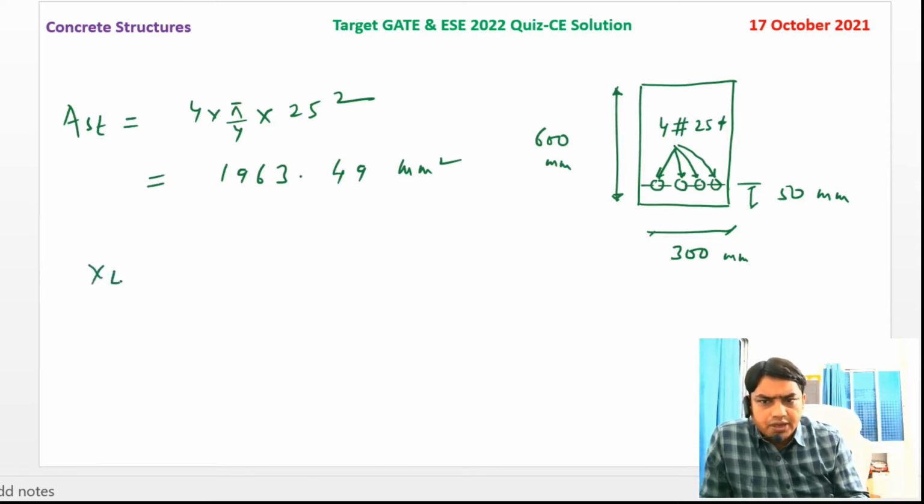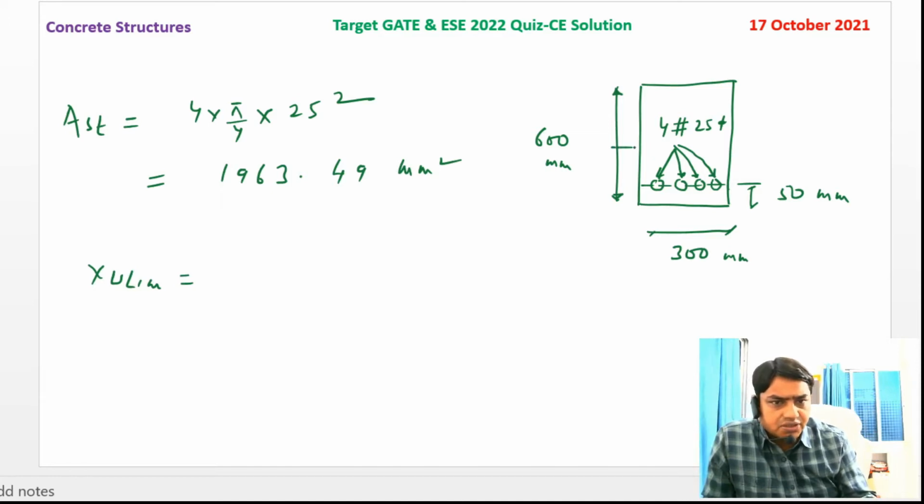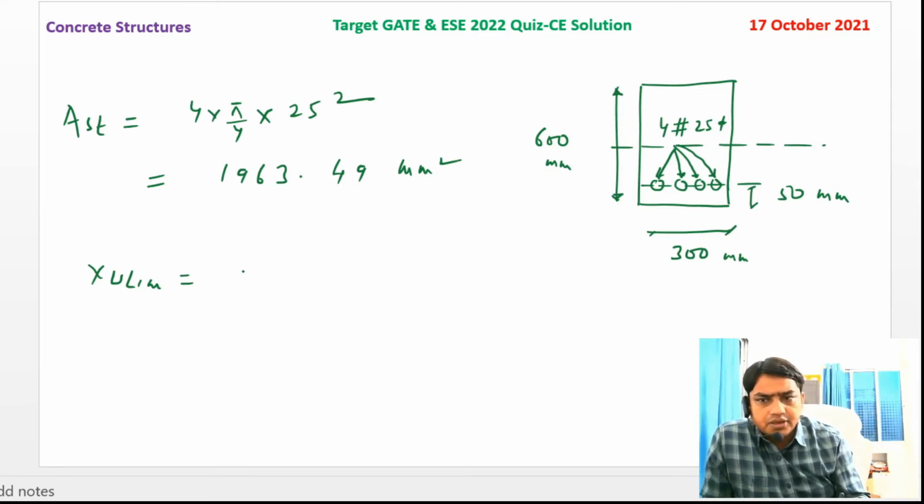Let us assume XU limiting is the limiting depth of neutral axis. According to IS 456-2000, for Fe415 grade, XU limiting will be 0.48 into d, where d is the effective depth.